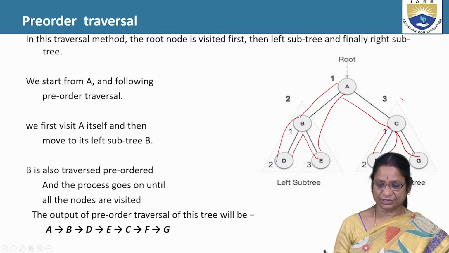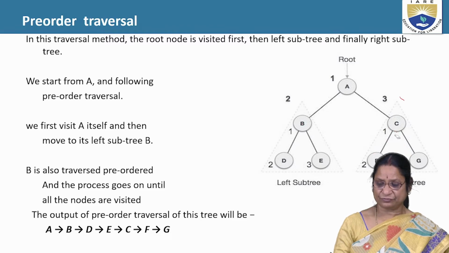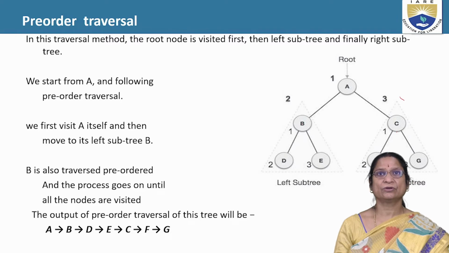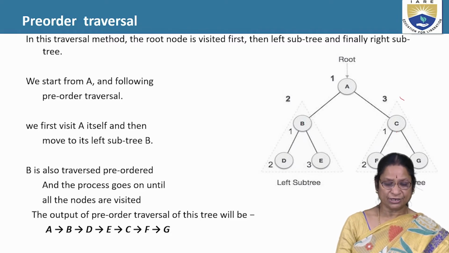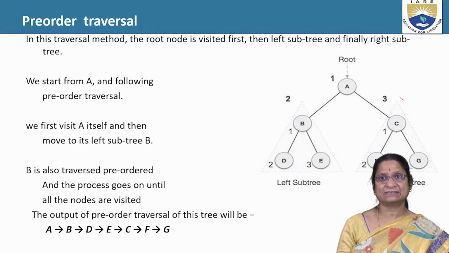That's why we get A, B, D, E, C, F, G. So A, B, D, E, then the right subtree, in this also root C, left F, then G. So we do the pre-order traversal for each left subtree as well as the right subtree.